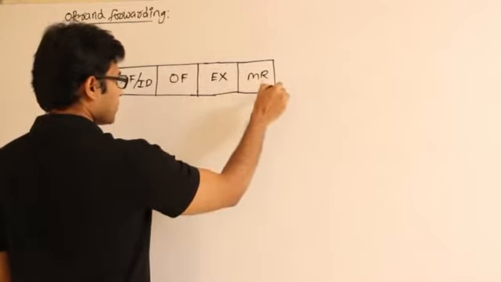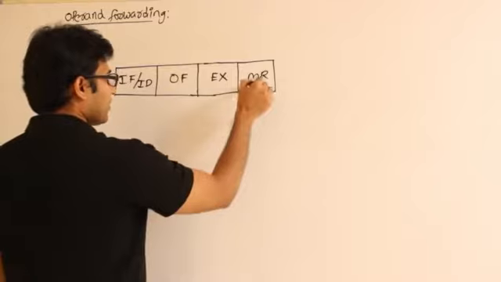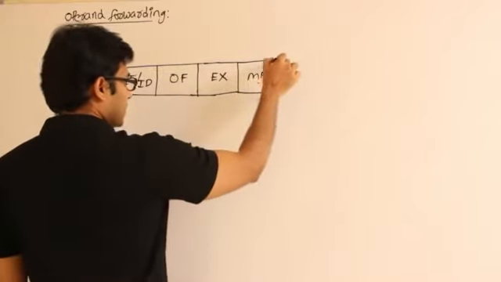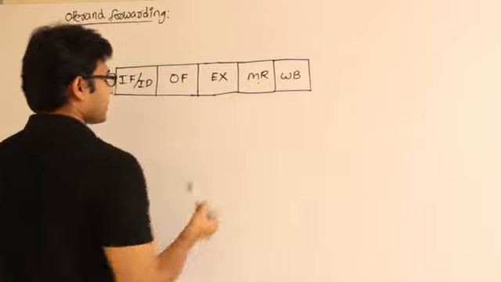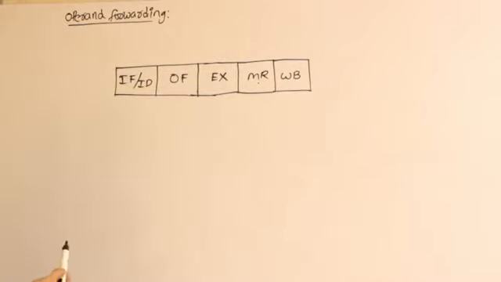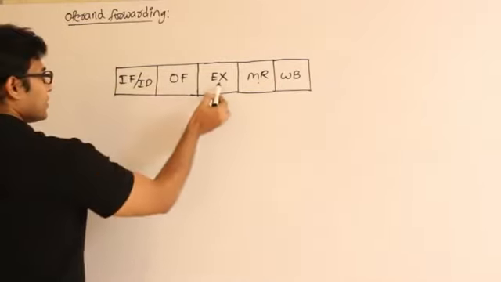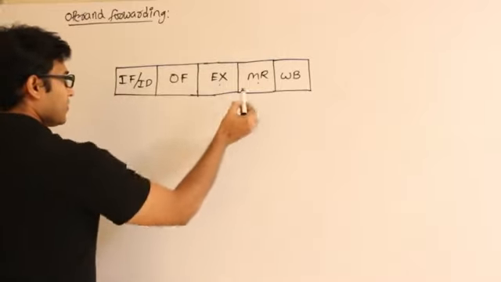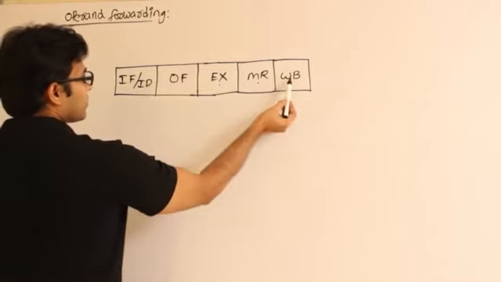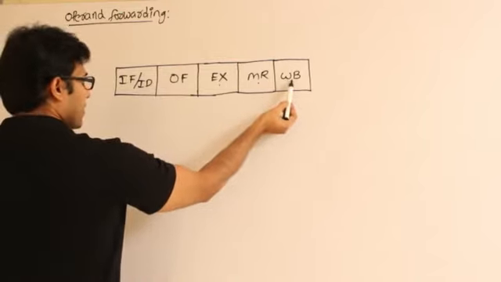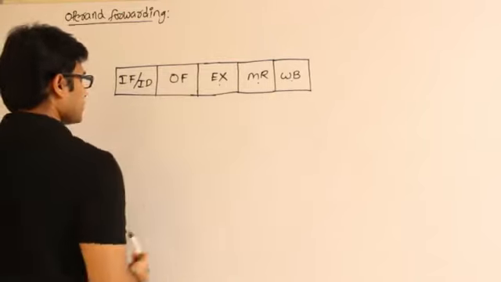Memory reference means either reading from memory or writing to memory. And finally, write back. Write back is the phase where whatever is computed during the execution phase, or read during the memory phase, will all be written back into the register file.